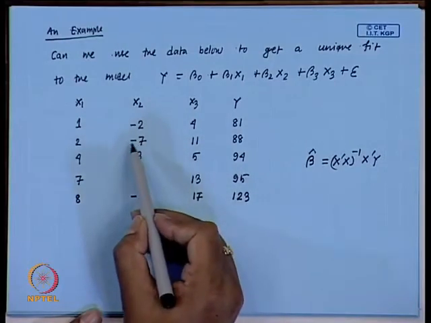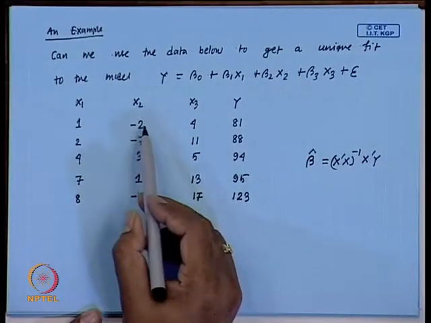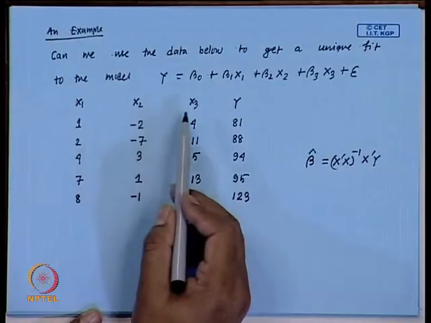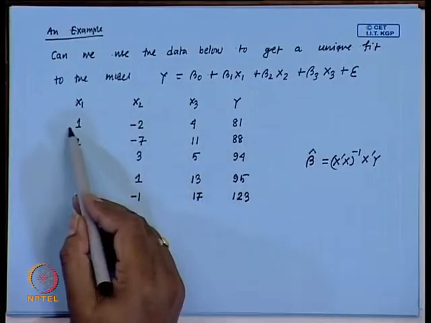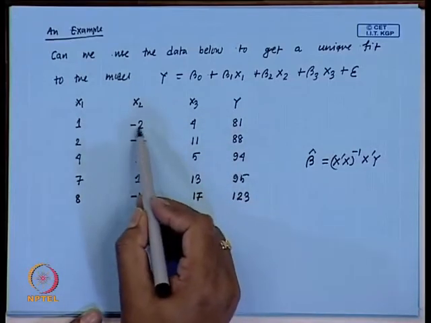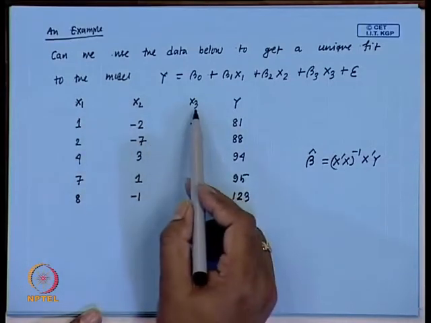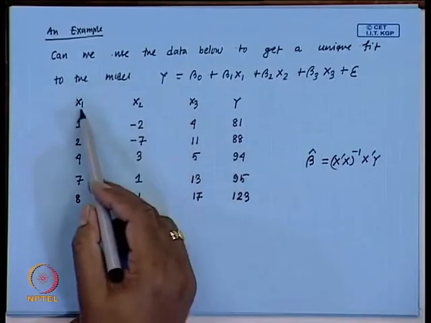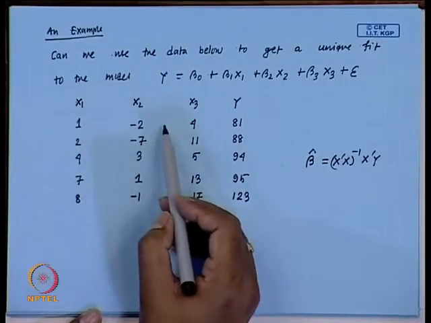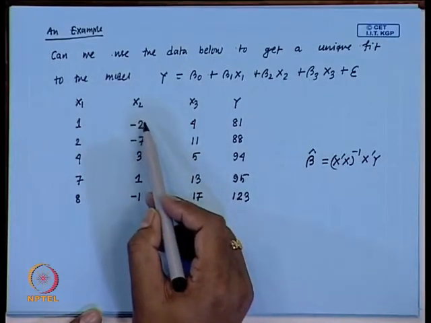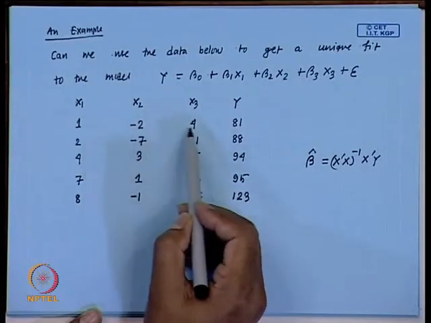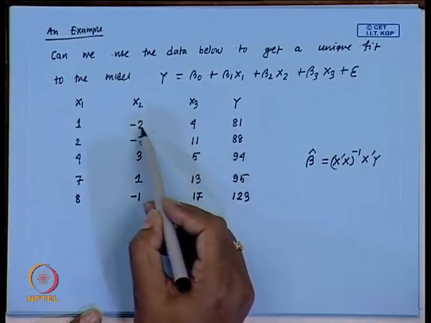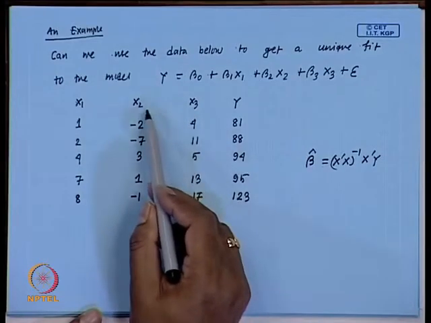Take the first observation: x 2 value is minus 2, x 3 value is 4 and x 1 value is equal to 1. You can check that x 2 plus x 3 is equal to 2. So, x 2 plus x 3 is twice x 1.